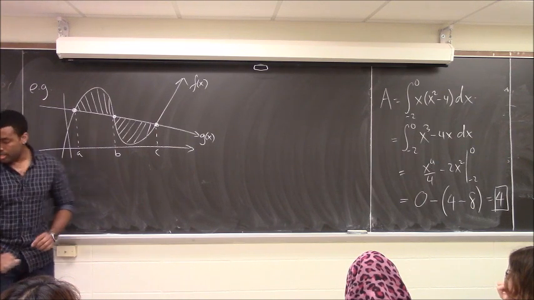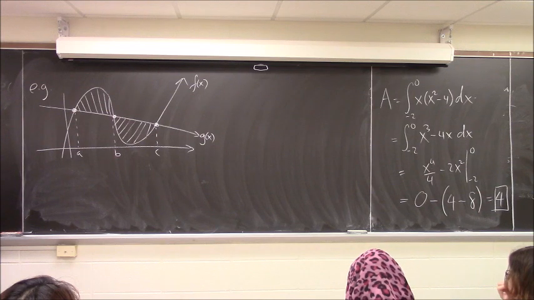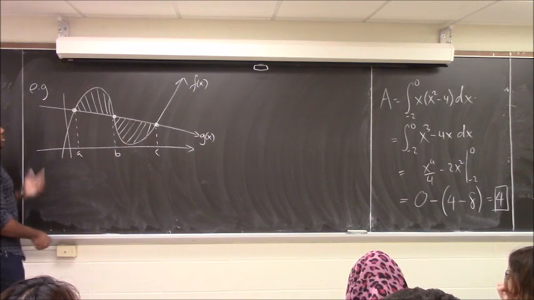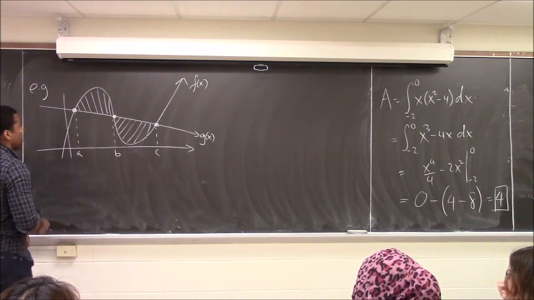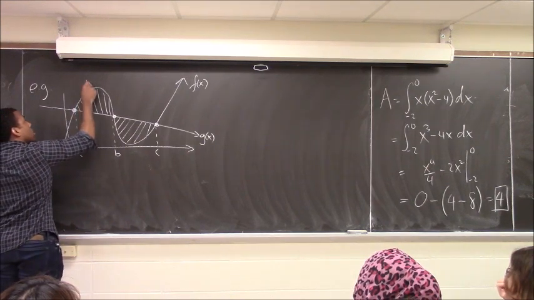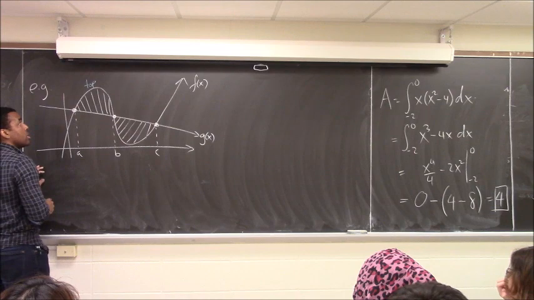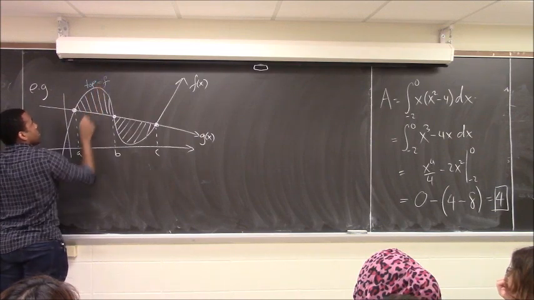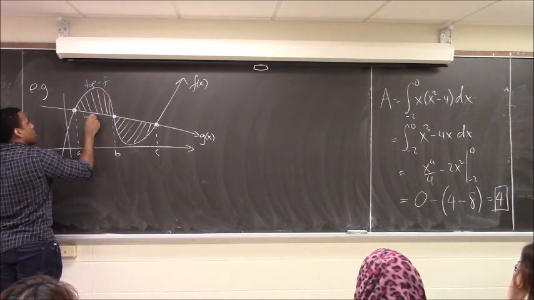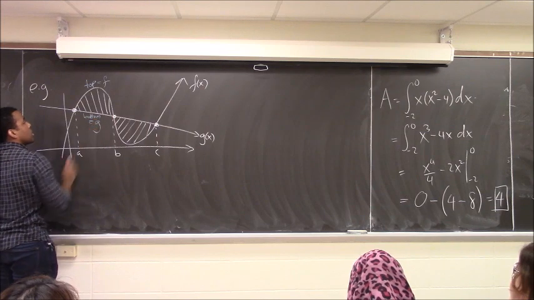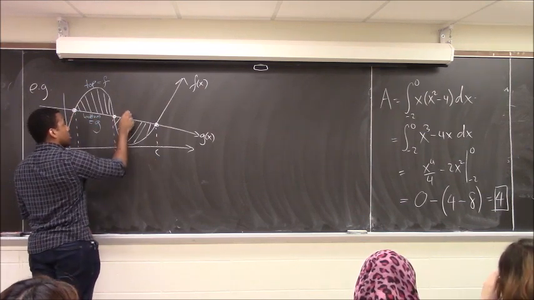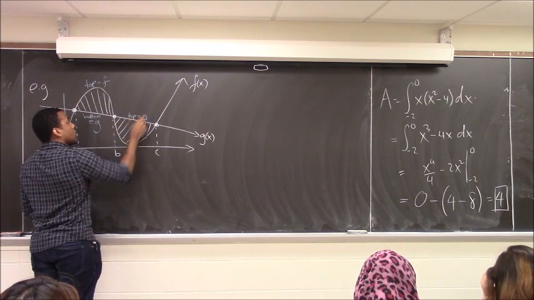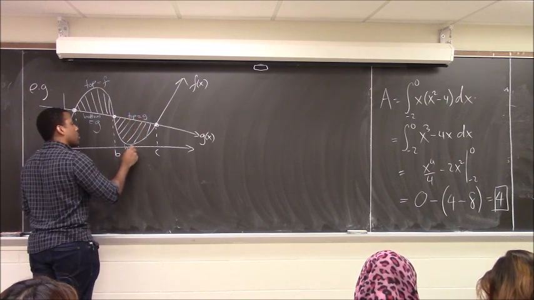And the idea that I want to bring to your attention is that sometimes you have these notions like area is top minus bottom. You have to be careful of how they're applied. You would notice here that the top is the f, while the bottom is the g. But notice over here, the role is actually reversed. The top is now the g, and the bottom is now the f.